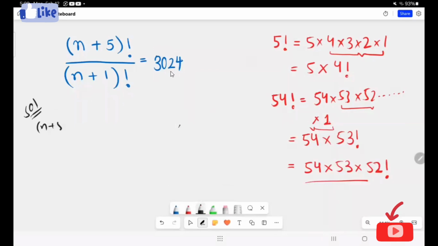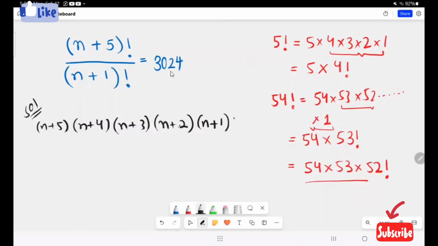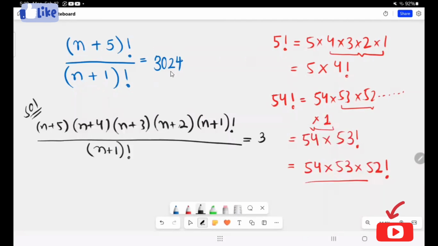n plus 5, n plus 4, n plus 3, n plus 2, n plus 1 factorial. Okay? And I'm going to write the same expression: n plus 1 factorial over n plus 1 factorial is equal to 3024.